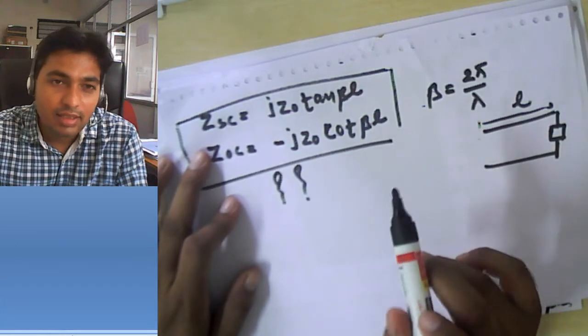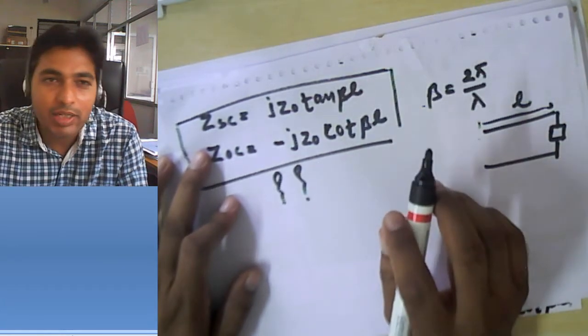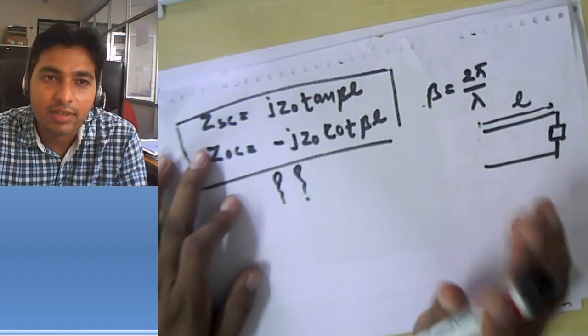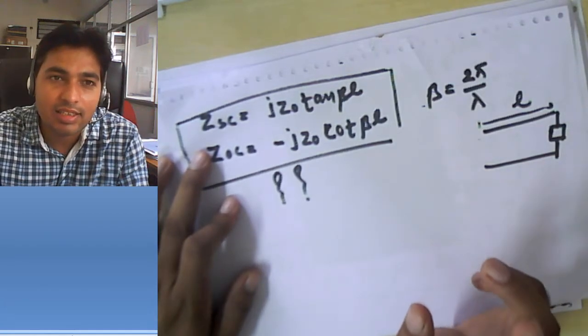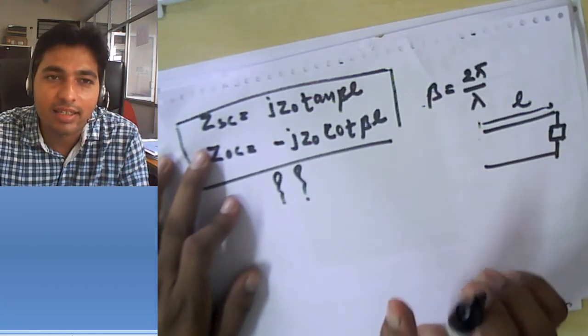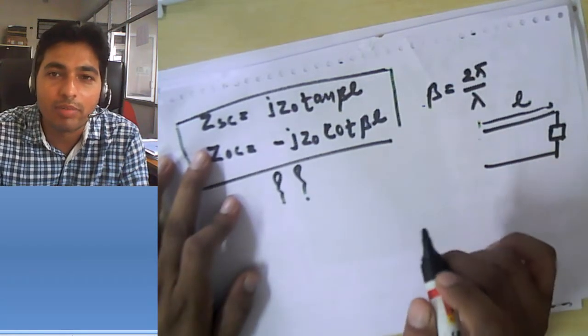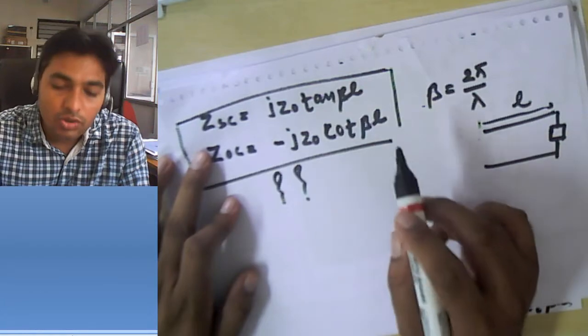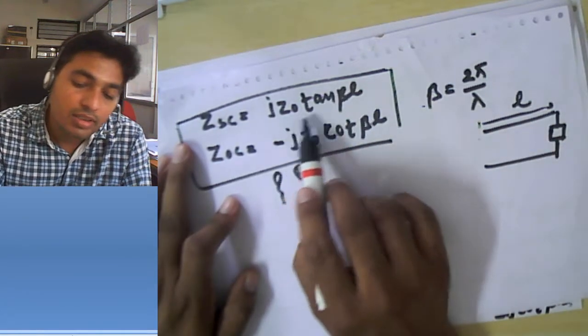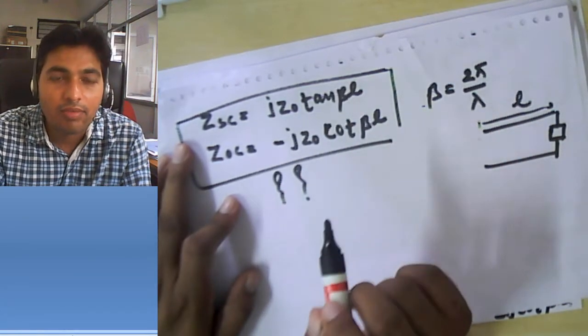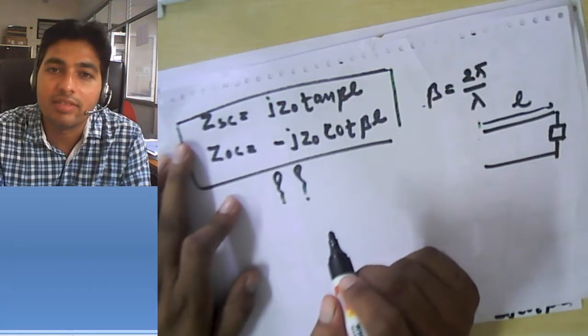And let us take βL equal to π/2, or 90 degrees. Sine 90 is 1 while cos 90 is 0. So 1 upon 0 is infinity. So the value of tan βL goes from minus infinity to plus infinity.